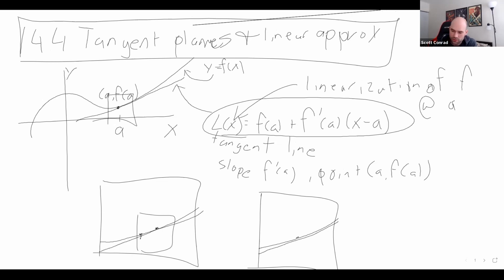The y coordinate of a point on the graph is equal to the value of the function at whatever the x coordinate is. So if x is close to A, the y coordinate on the tangent line is going to be close to the y coordinate on the graph of the function.